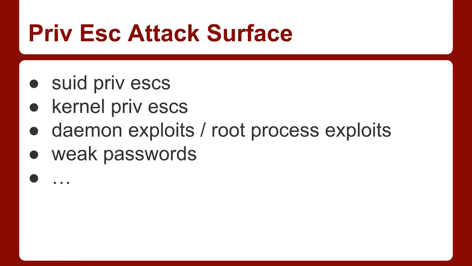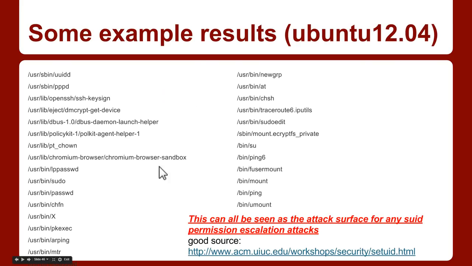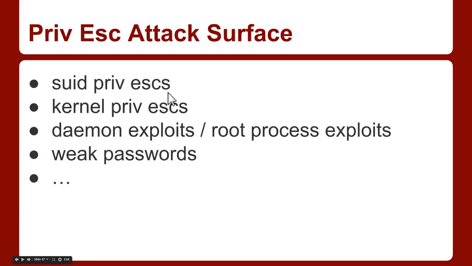In thinking about the attack surface for a system for just privilege escalation attacks, the following categories would make up the chunk of the attack surface. The setUID privilege escalations attack surface, which is basically any binary that has a setUID bit and is owned by root.